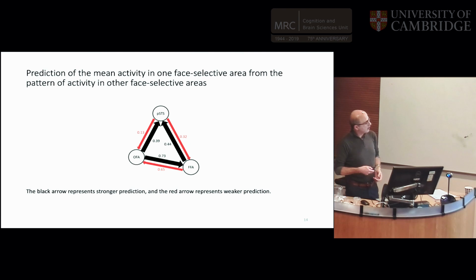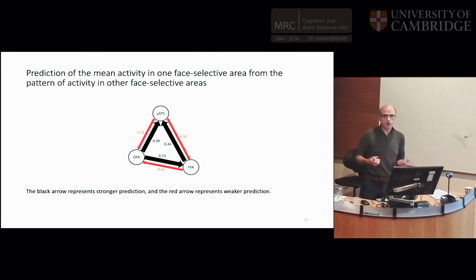So what you can see is that the mean activity in FFA can be better predicted from the activity in OFA. And also both FFA and OFA are good predictors of the activity for posterior STS face area.